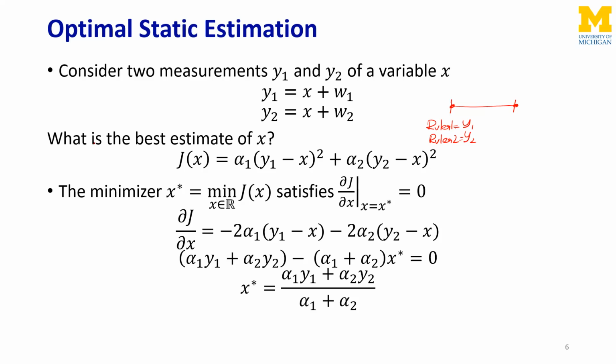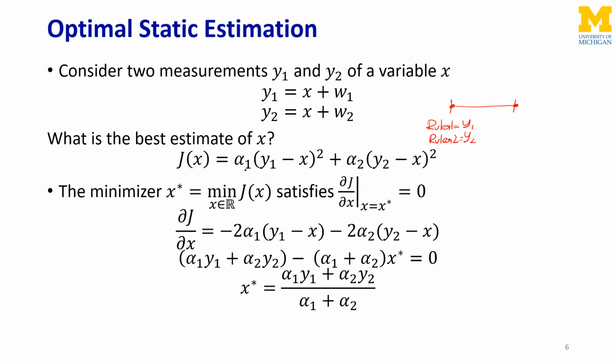Anyways, what we are trying to do is find out the best estimate of this variable X. When we say best, we are obviously optimizing something. In this case, we are going to optimize this cost function J, which is a function of X. X is what we are trying to produce, and we are going to minimize this cost function.